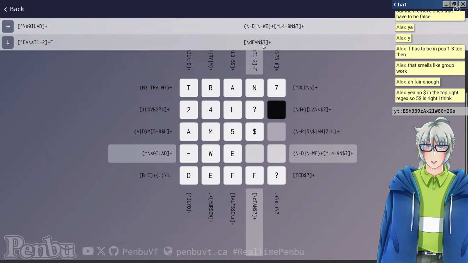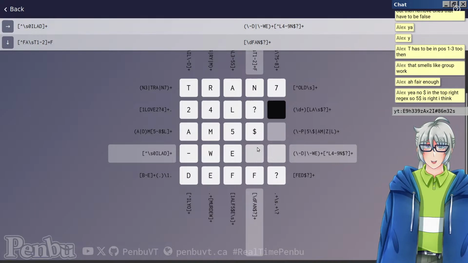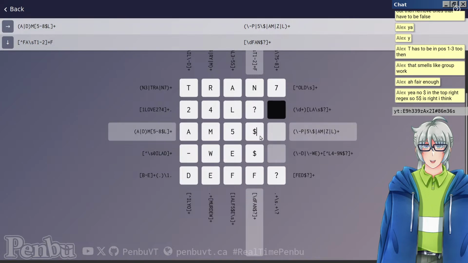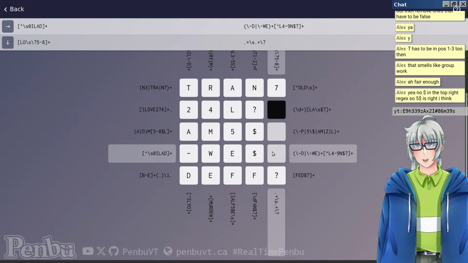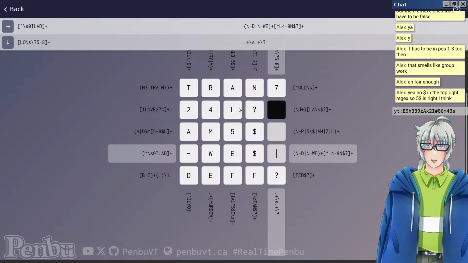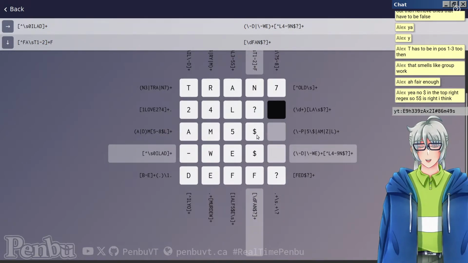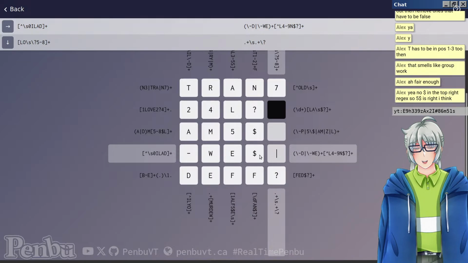So, dollar sign fits. I don't think we should have another dollar sign though. But if that's the way it goes, then I guess we'll have another one. No dollar sign, top right regex, so $5 sign is right here. I remember doing this puzzle before, and I don't remember there being $2 signs, so this might not be correct.